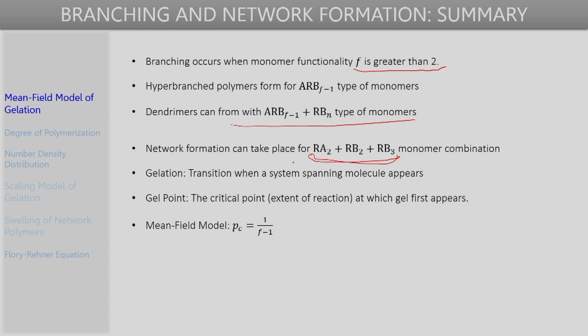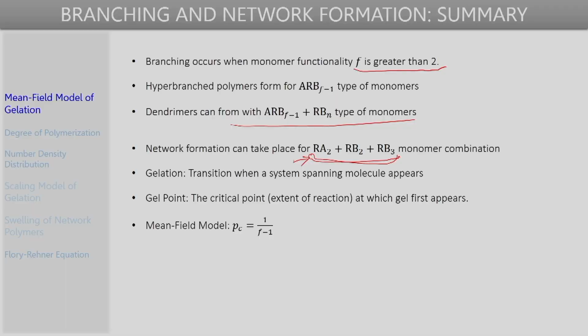This is one example, but apart from this, other monomer combinations like RA3 and some other combinations can result in network formation. We discussed that network formation is associated with the gelation transition, a transition from a sol-like state to a gel-like state, where a system-spanning, almost infinite molecule first appears.